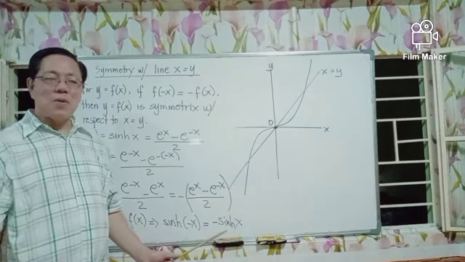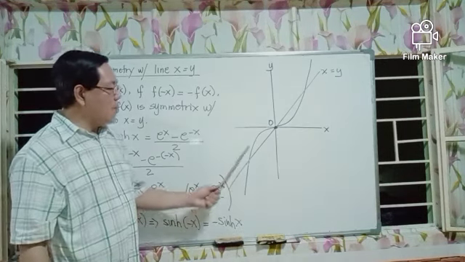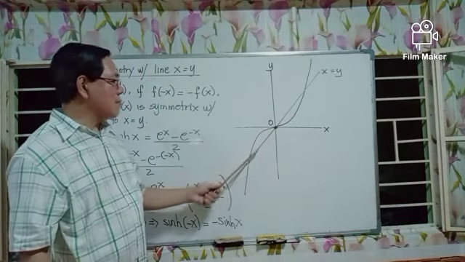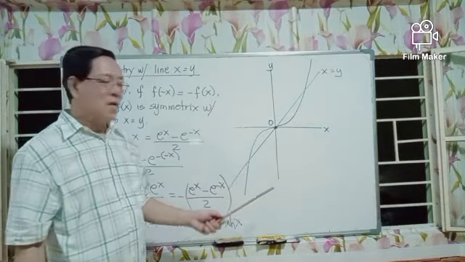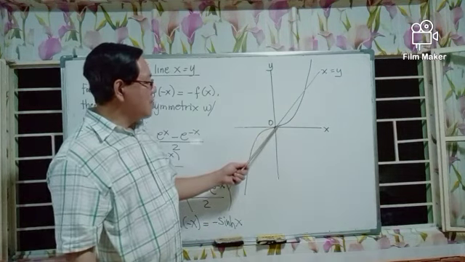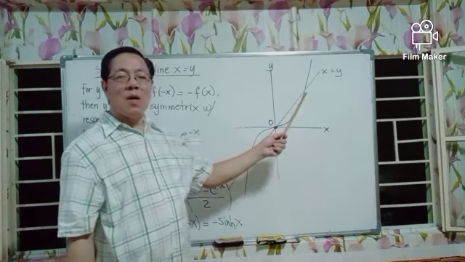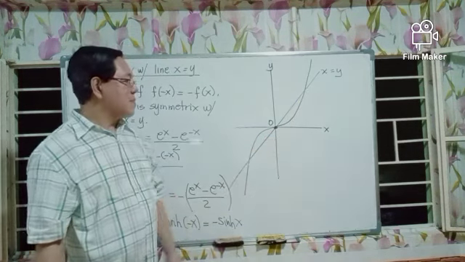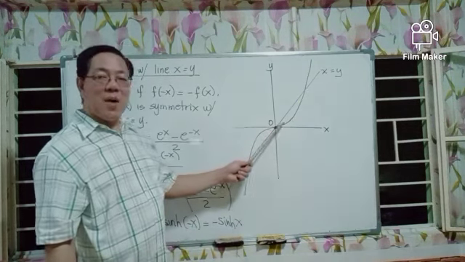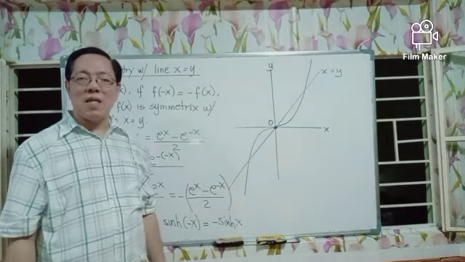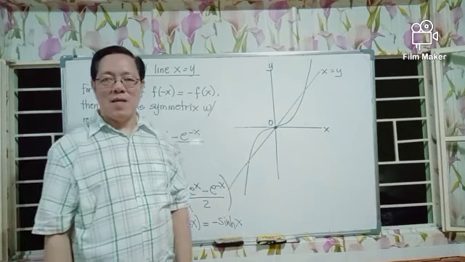And we therefore conclude that the graph of the hyperbolic sine is symmetric with respect to the line x equals y. That means for this part of the graph of the hyperbolic sine, we have a similar part of the hyperbolic sine only on the opposite side of the line x equals y.